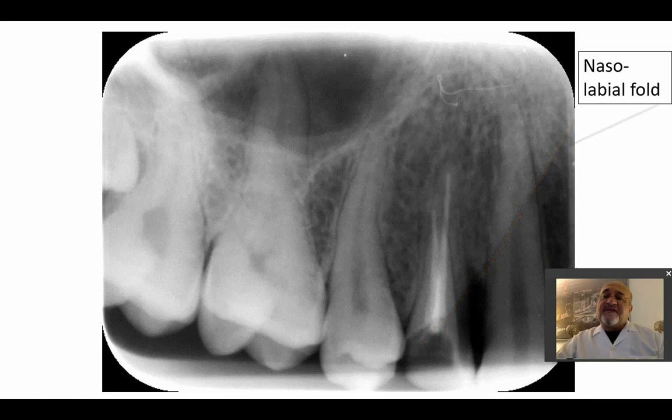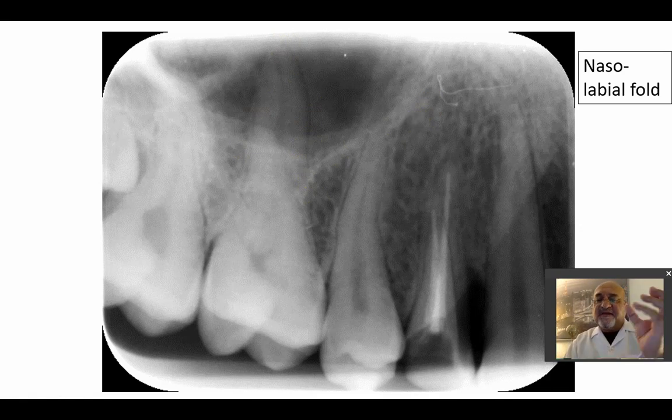A question that is often asked by many dentists is: is the root of the tooth, especially the premolar tooth, inside the maxillary sinus or not? Well, ideally, let me put it this way.